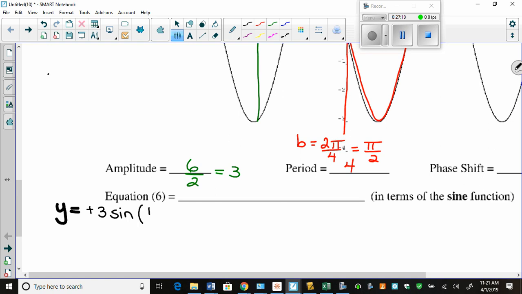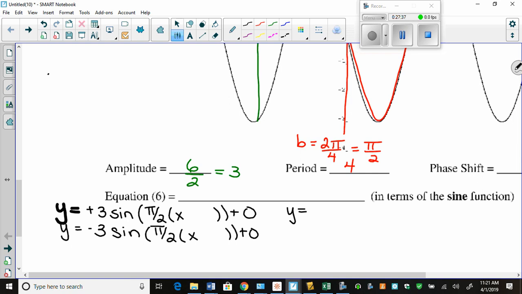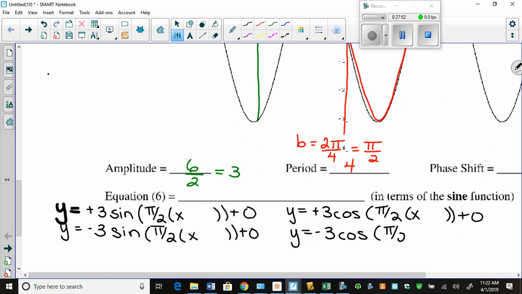B is going to be pi over 2 x. And then my midline was 0 again. Y equals negative 3 sine pi over 2 x plus 0. Y equals positive 3 cos pi over 2 x plus 0. And y equals negative 3 cos pi over 2 x plus 0.